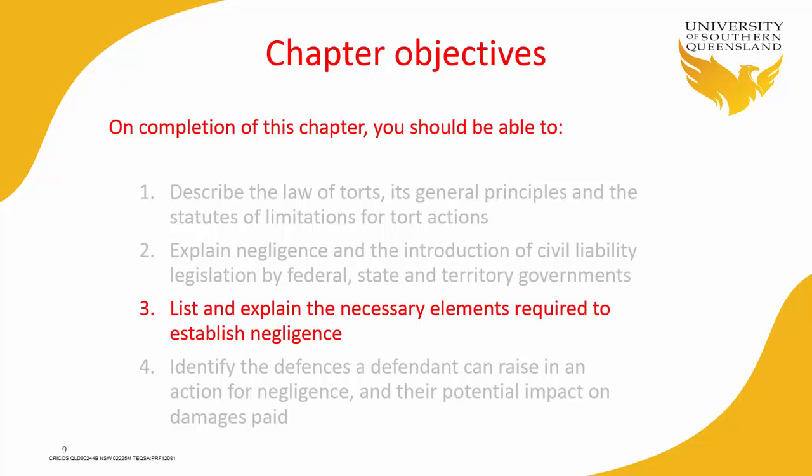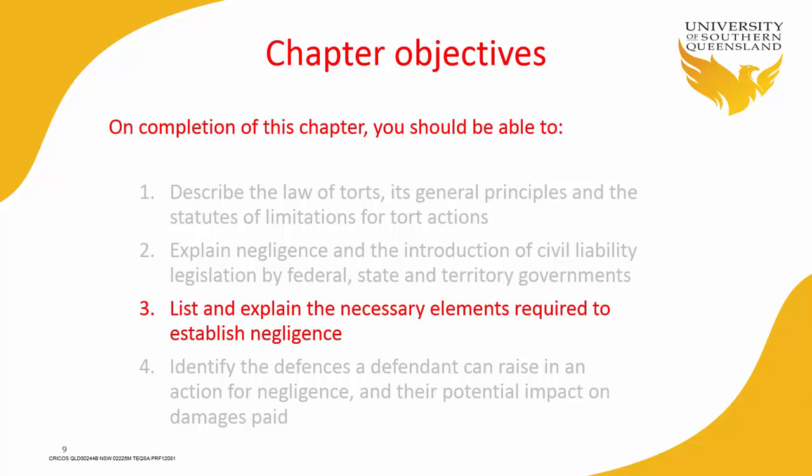So on page 122 it says, in 2002 the Commonwealth, state and territory governments responded to what they perceived was a crisis over the availability and affordability of personal liability insurance by commissioning a review into the law of negligence to be headed by Justice Ipp, including its interaction with the then Trade Practices Act of 1974.